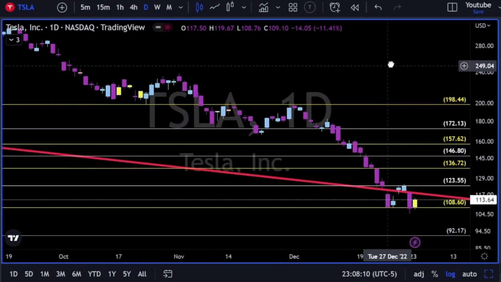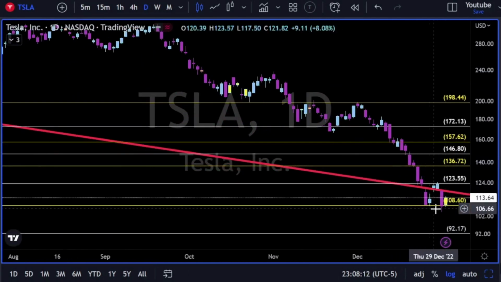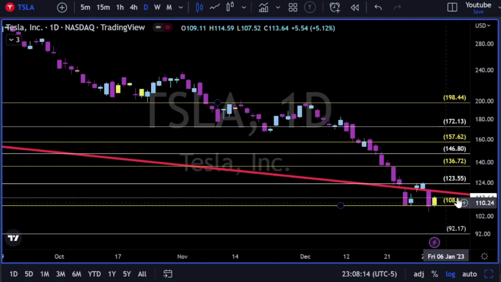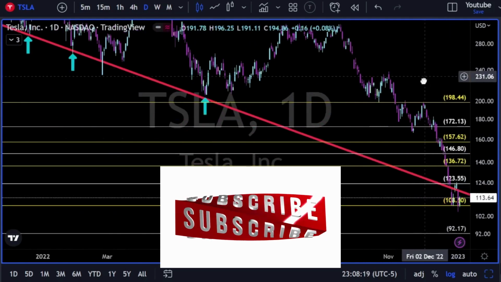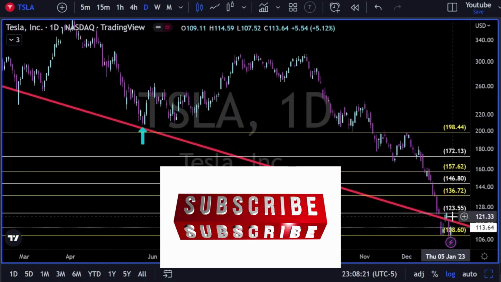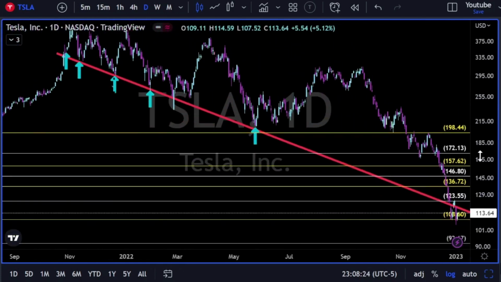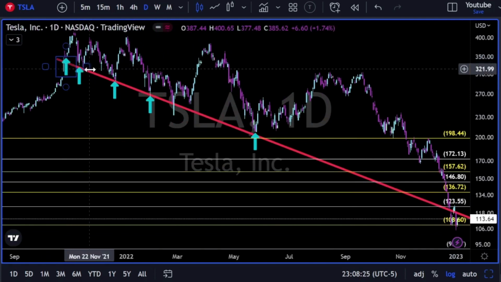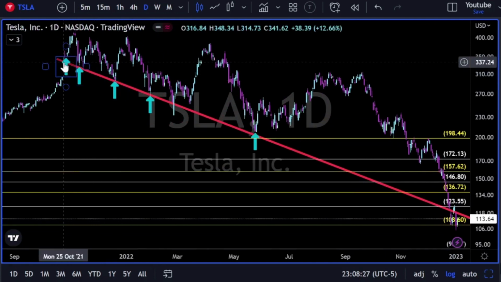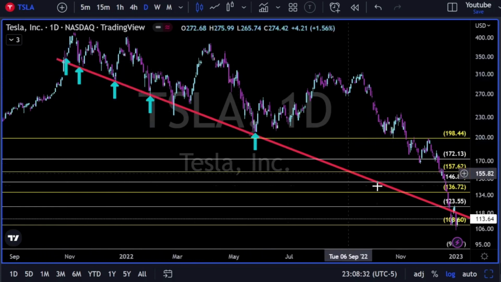Tesla trying to hold barely the 108 support, and we have this red trend line that will be a very strong resistance for bulls because it was support since October 2021 for the lower lows.